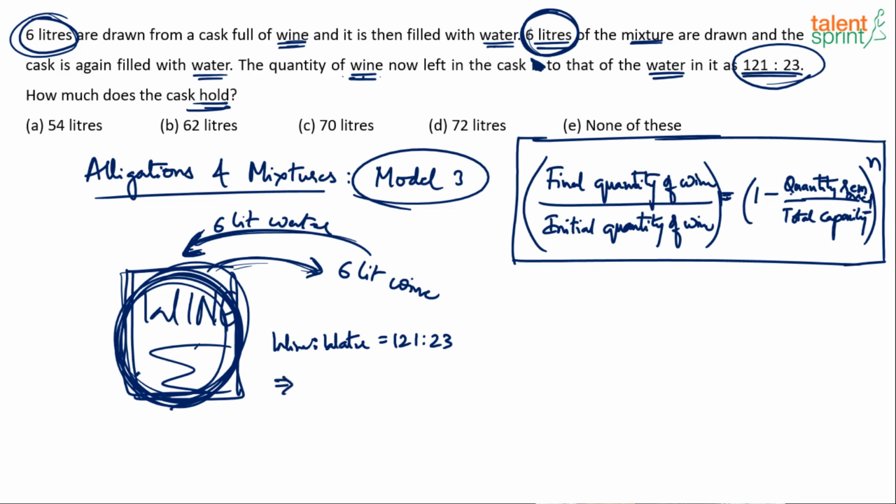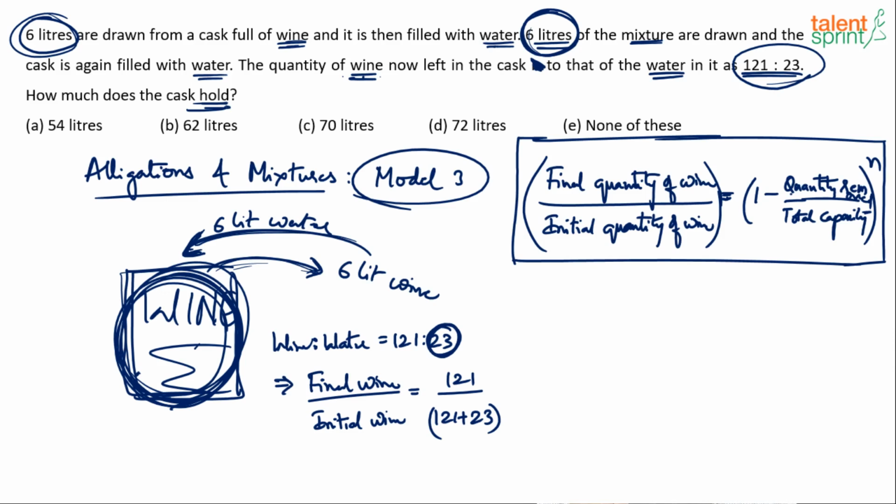From this I can say the ratio of final wine by initial wine. Final quantity of wine by initial quantity of wine can be taken as simply 121 divided by 121 plus 23. Because whatever is water here, 23 parts of water, originally was only wine, right?